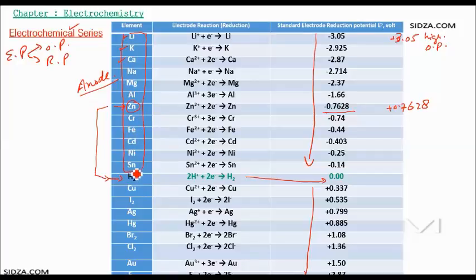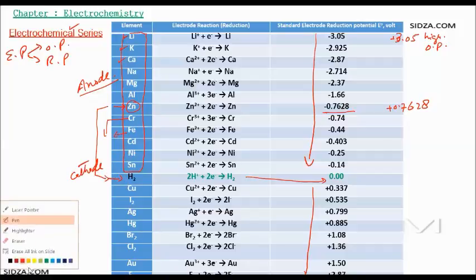So in all cases, whether you connect the zinc, the chromium or the iron with the hydrogen, they will act as the anode and lose electrons as soon as you connect them with the hydrogen electrode. The hydrogen in that case will act as a cathode.